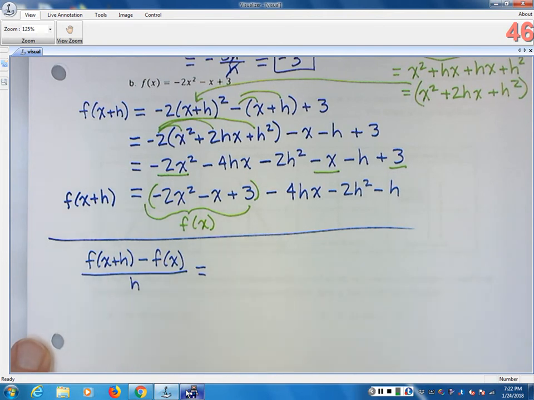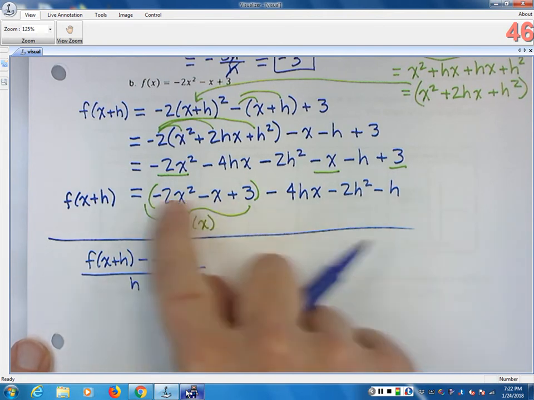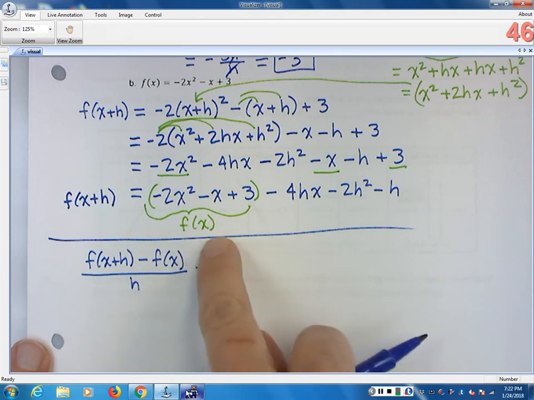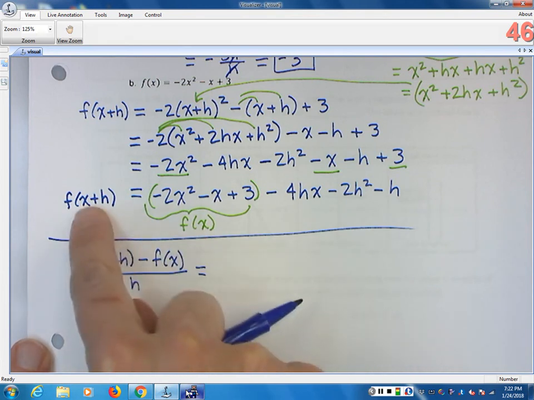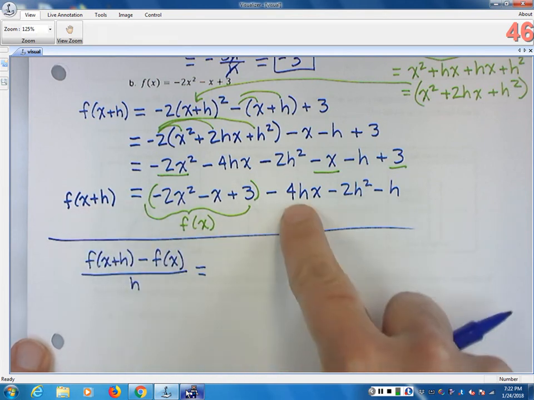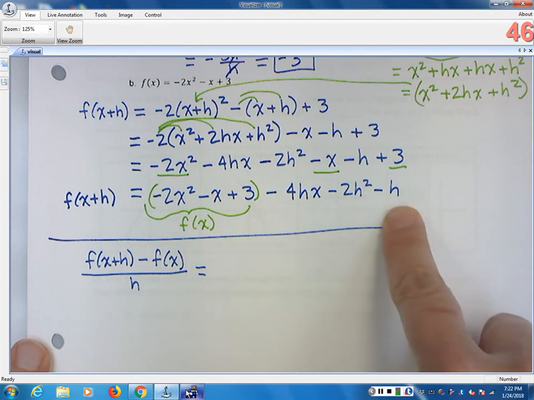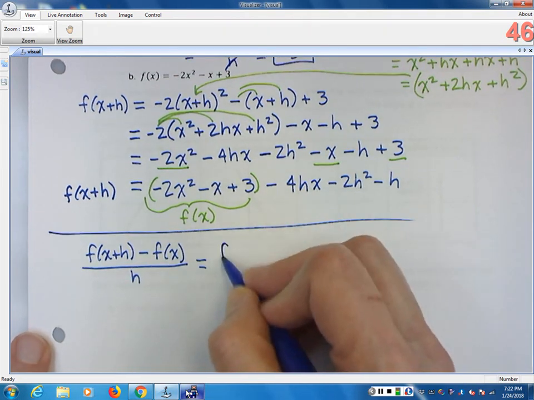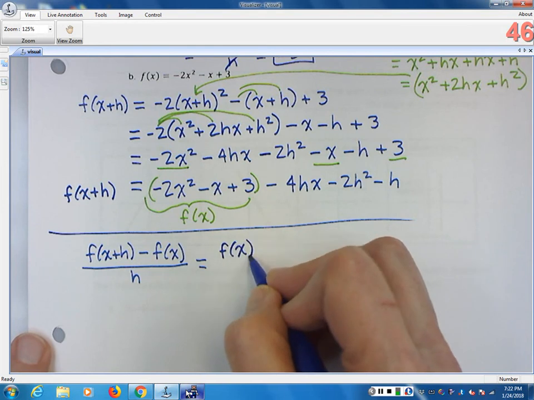So instead of writing down these individual terms, let's just put f of x here. Here's what f of x plus h is: f of x minus this, minus this, minus this. You don't have to do it this way, but you're less likely to make a mistake.